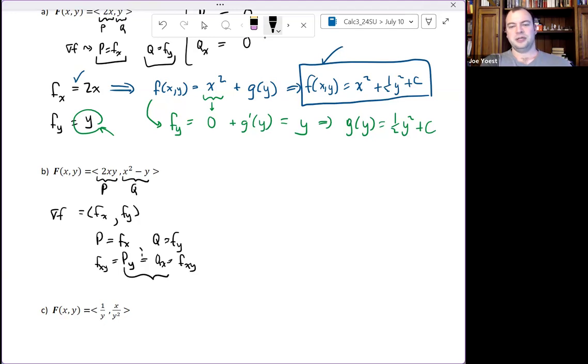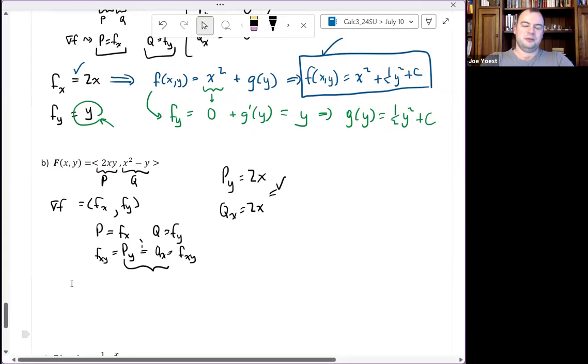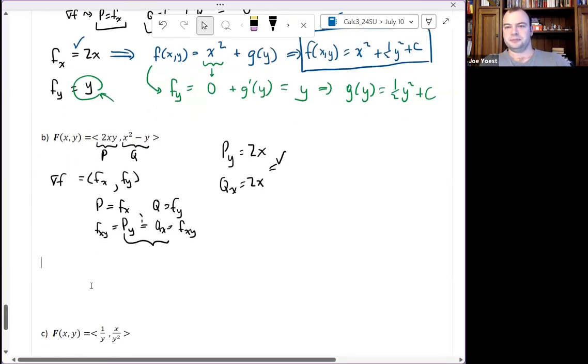So I want to know, is Py equal to Qx? The partial of P with respect to y is just 2x. The partial of Q with respect to x is also 2x. And these are equal. So I should be able to find a little f for which this big F of xy is the gradient vector field for that little f.